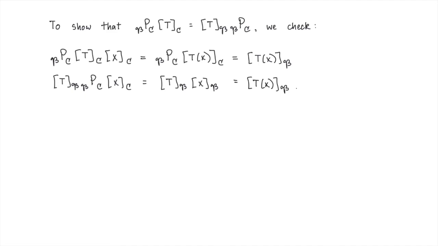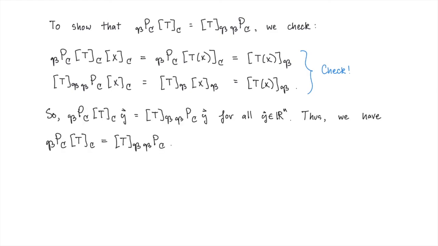Similarly, we can check that the matrix of T with respect to B times the change of basis matrix from C to B times the c-coordinate vector for x is just the matrix of T with respect to B times the b-coordinate vector for x, which again is just the b-coordinate vector for T of x. In other words, these two products of matrices act the same on all vectors in Rn, so they must be equal.